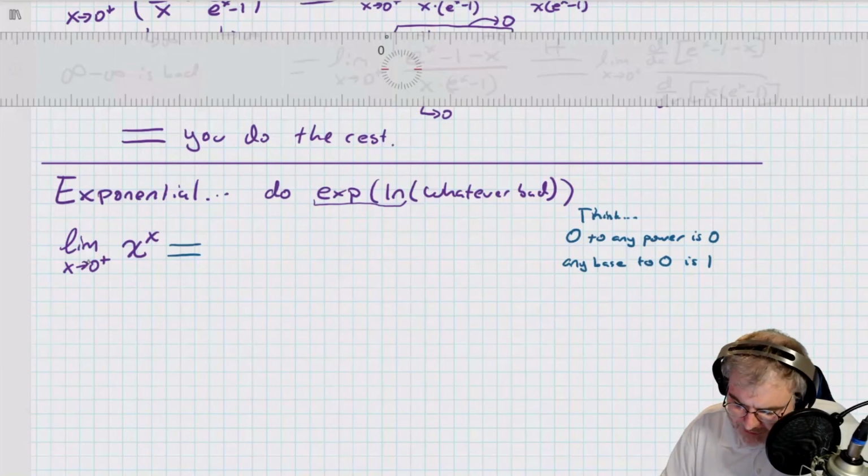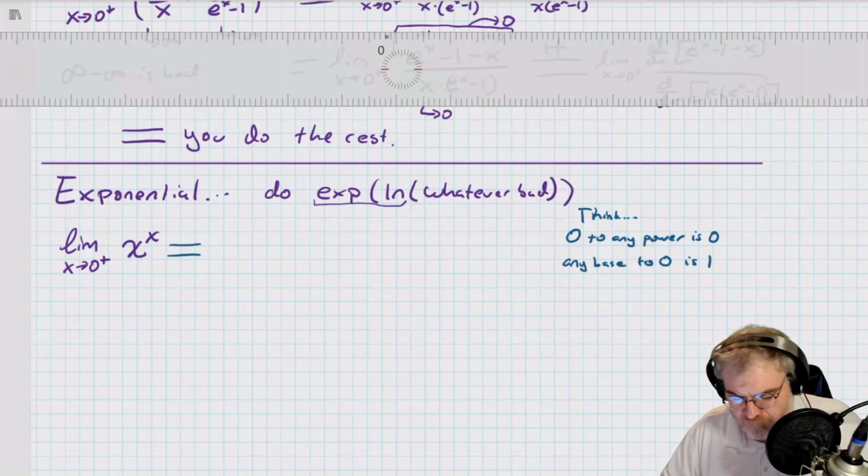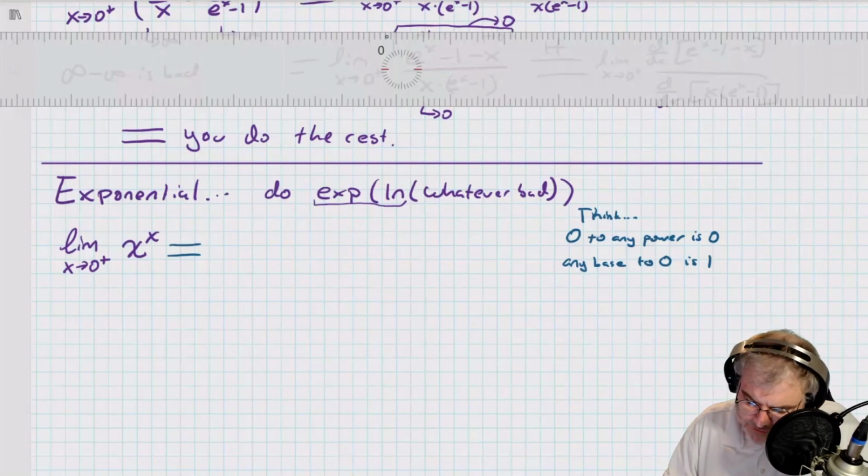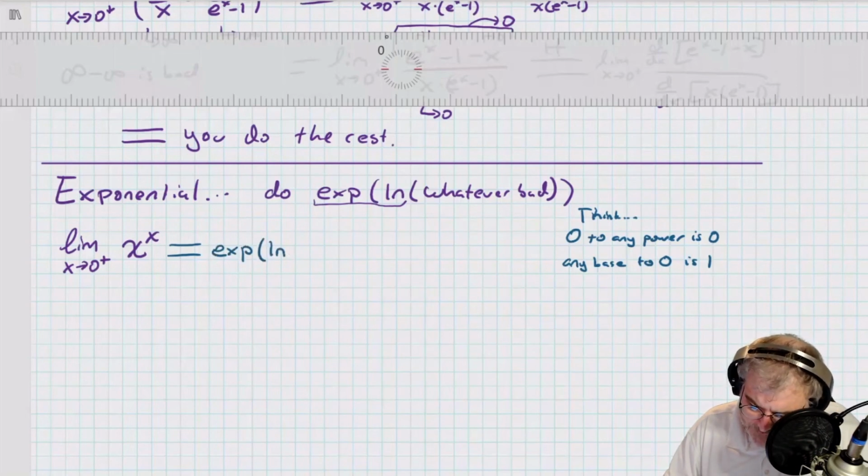Anyway, this limit as x goes to 0 plus of x to the x, right? What I'm going to do, first of all, x to the x is only defined on positive. So I'm going to take the exp of the log of the thing on the inside.